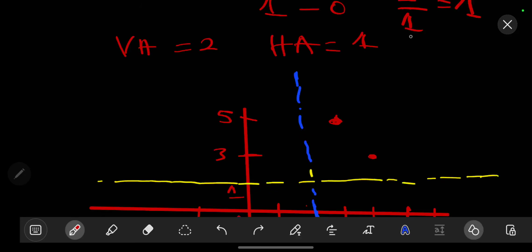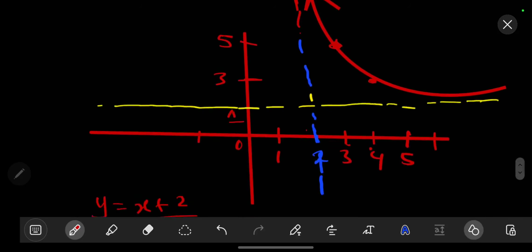It won't cross the horizontal line, so we draw something like this. It won't touch the asymptote, but will be approaching the asymptote. So this is our graph, moving like that.